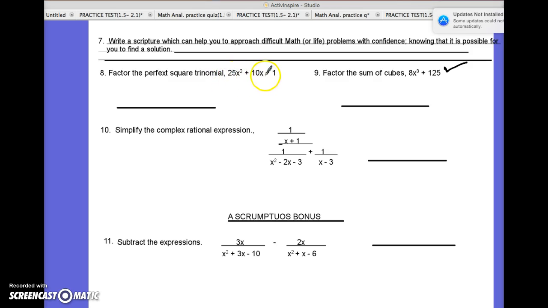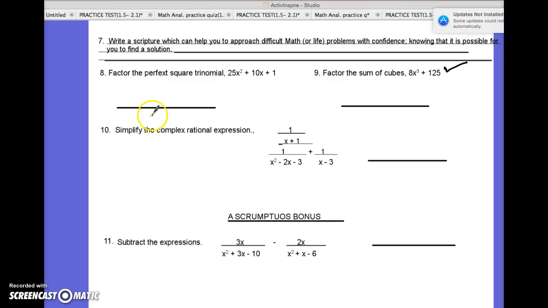And then this one we did in class, but there's somewhat of a confusion for some people here. It says factor the perfect square trinomial. So it's a perfect square trinomial, and here is the pattern for this.